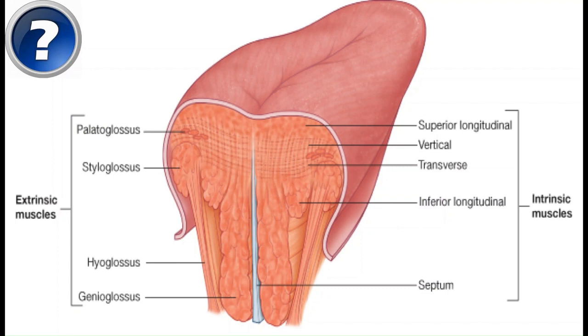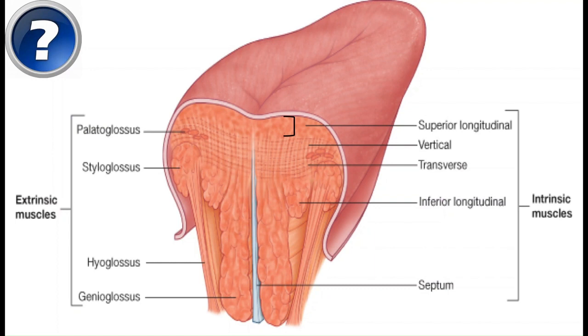It is a muscular organ, and there are muscles inside the tongue that change the shape of the tongue according to the physiological needs, and there are extrinsic muscles that will move the tongue as a whole, whether moving it up and posteriorly, down and posteriorly, or down and anteriorly.